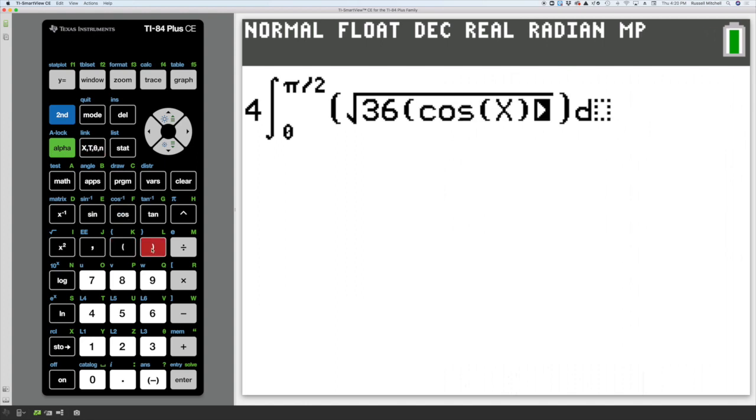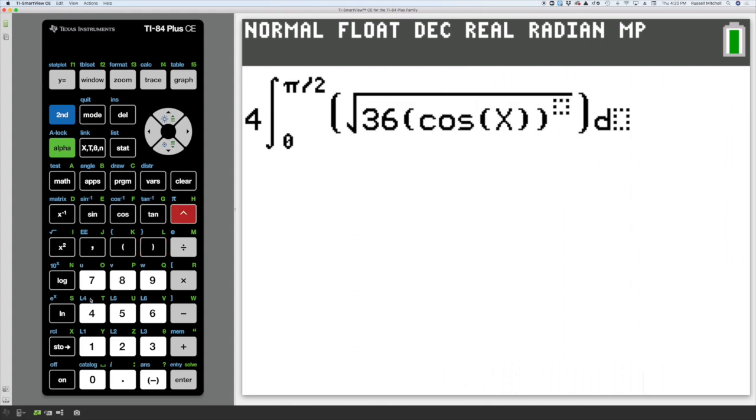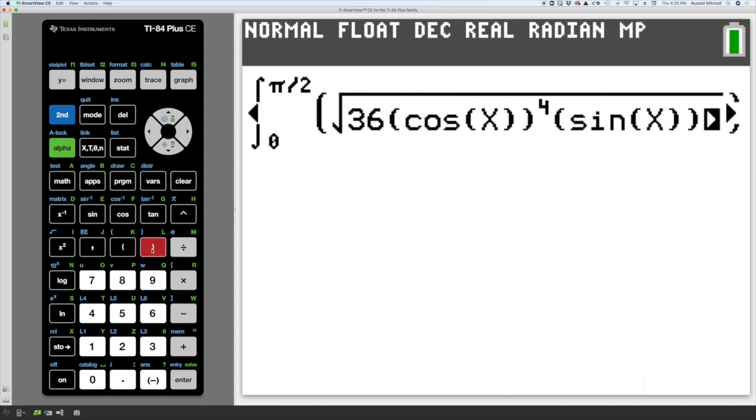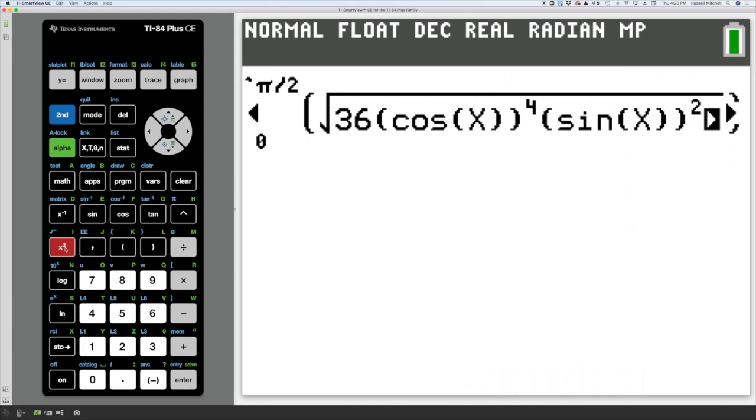Close the parenthesis for the cosine, and then we need to raise it to the 4th. Then come down out of the exponent, and then we need to do sine squared, right? So then another parenthesis, and then sine of x. Close the parenthesis for the x, close the parenthesis for the sine, and then we need to square it, right?